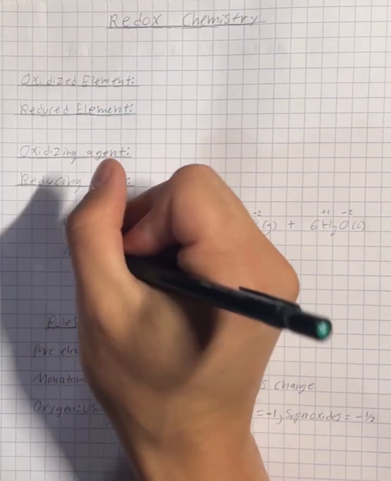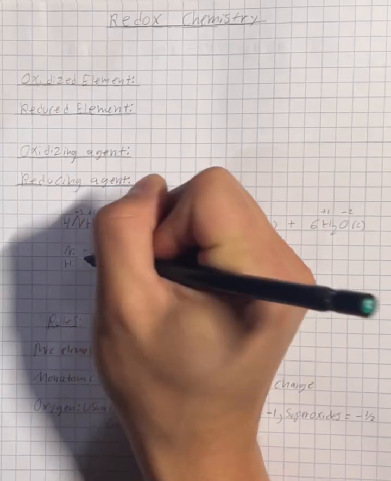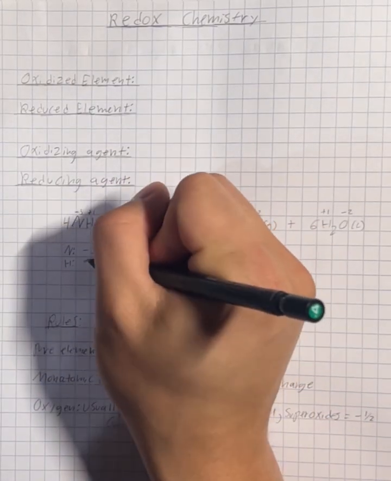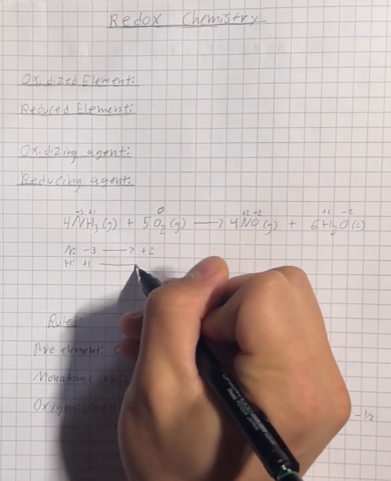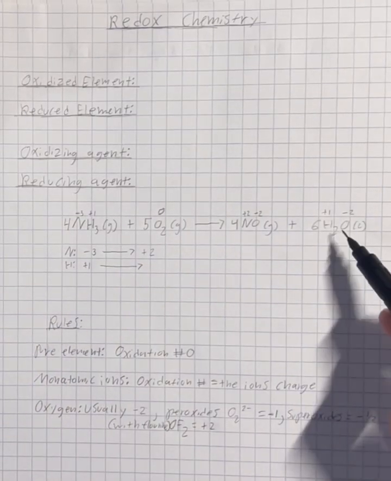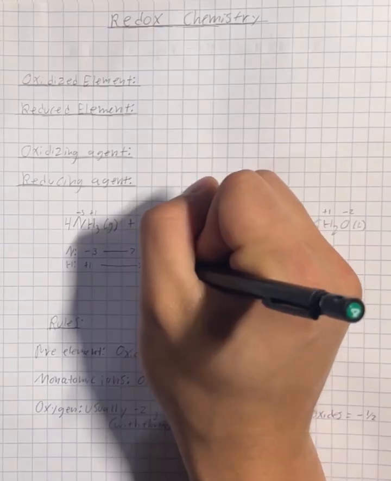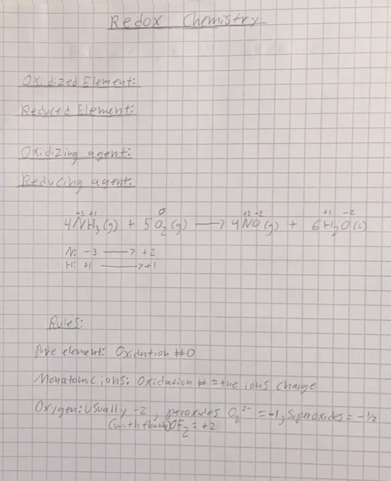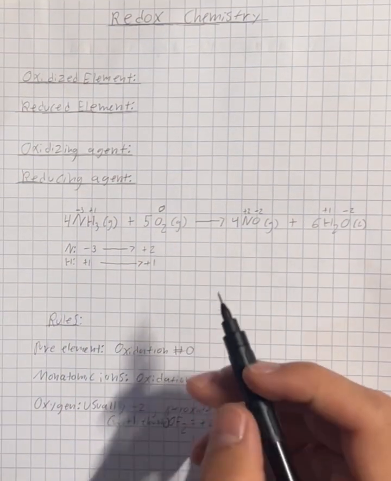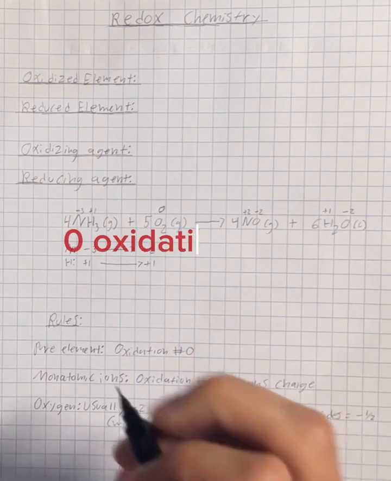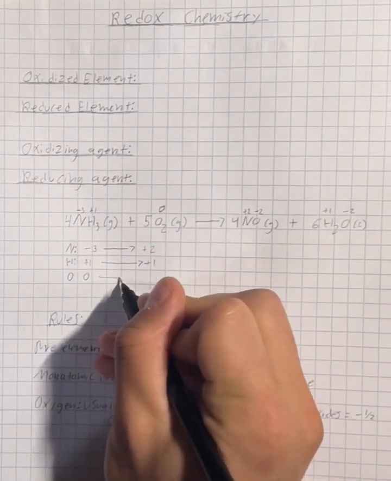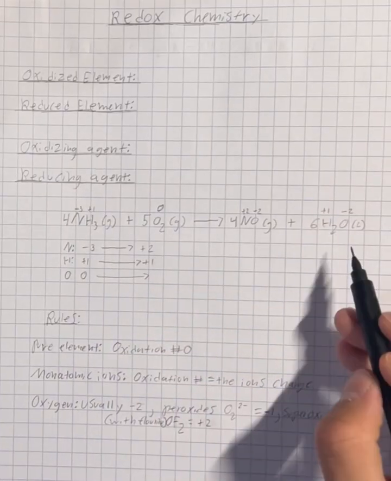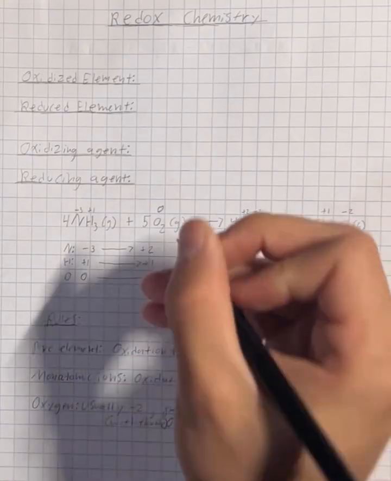So hydrogen, in this case, has a +1 oxidation state, and it yields a +1 oxidation state. Now we have oxygen. Oxygen is going to have a 0 charge to begin with, and it's going to yield a -2 oxidation state.